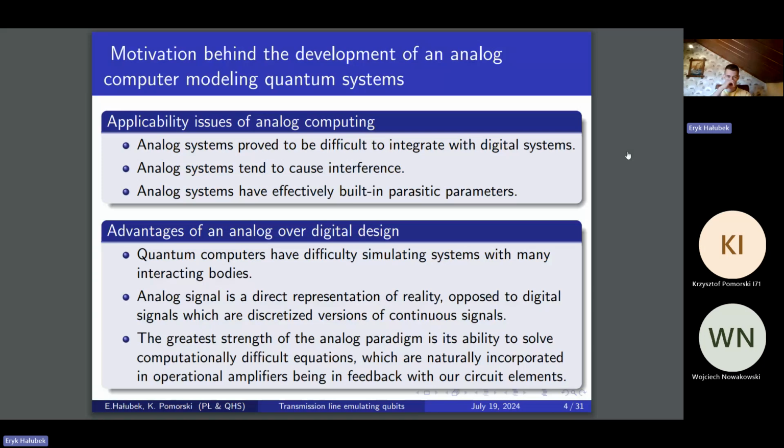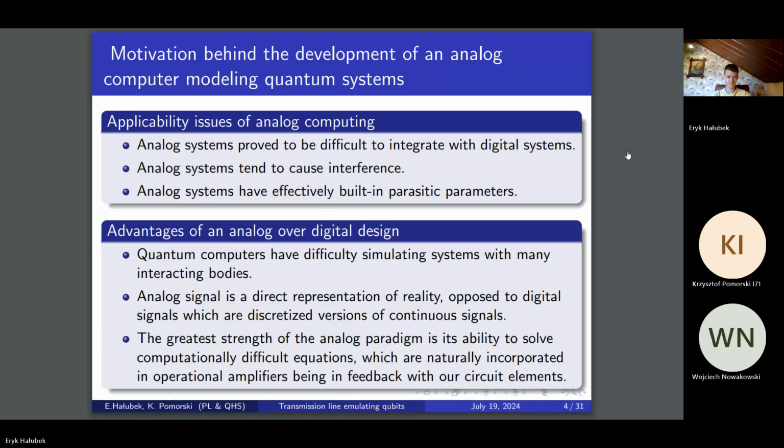We all know that even quantum computers have difficulty simulating complex systems with many interacting bodies. And what we are aiming for is something that maybe in the future will be able to act as an analog computer that would be able to simulate the interactions between very complex quantum scale objects.